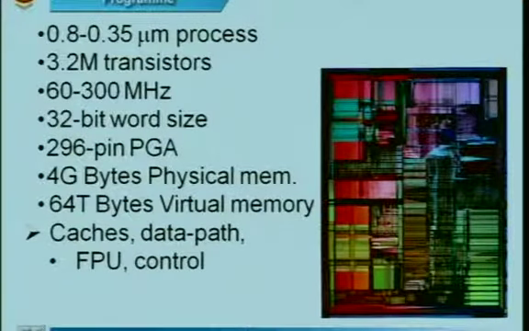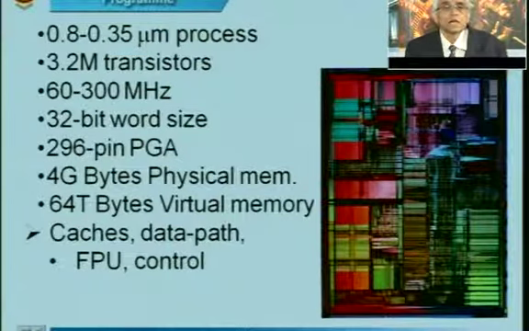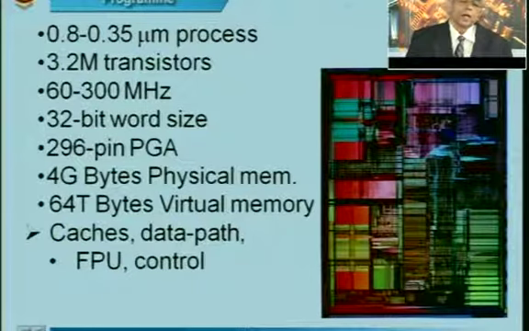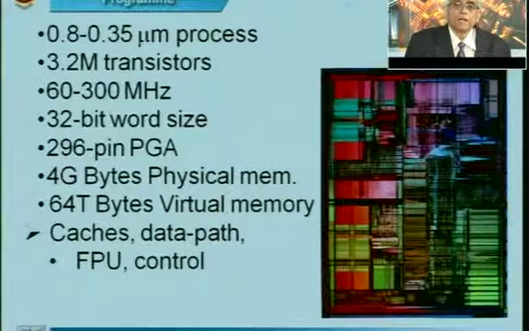Looking into the other important features of the Pentium processor, we have 0.8 to 0.35 micrometer process, 3.2 million transistors embedded. It works at 60 to 300 megahertz, 32-bit word size, 296 pin PGA chip. It has 4 gigabytes of physical memory, 64 terabytes of virtual memory. It has cache, data path, floating point units, control.